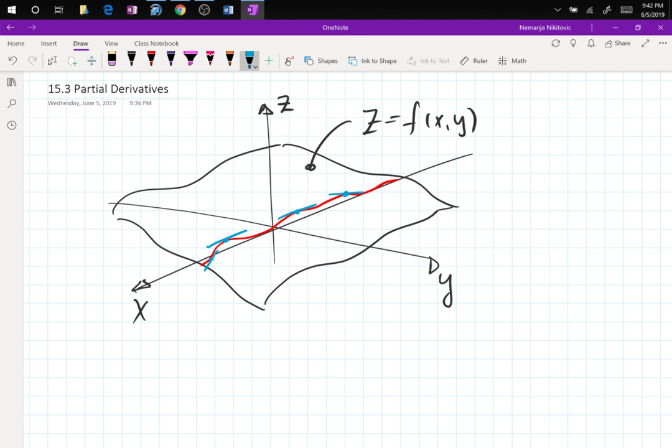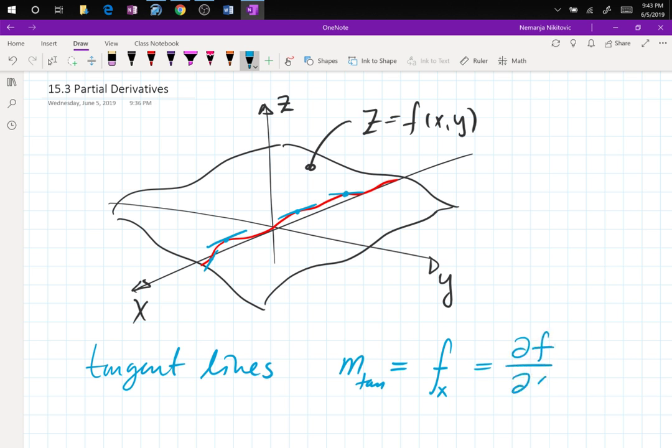Right, all of these are tangent lines, and those tangent lines will have the slope m tangent equal to what we call a partial derivative in x, which we can also denote as the partial derivative of f with respect to x. So these are the two notations that we are going to use.